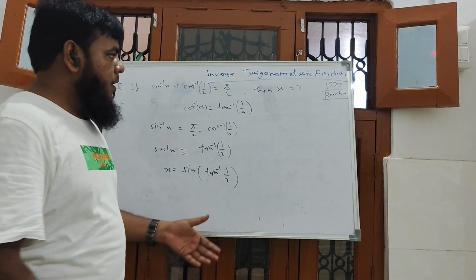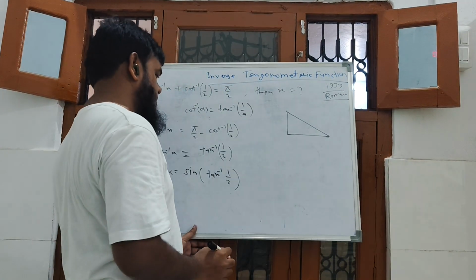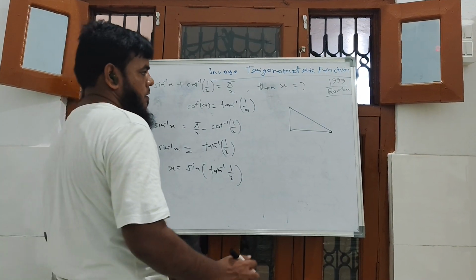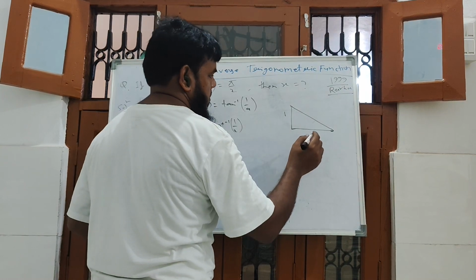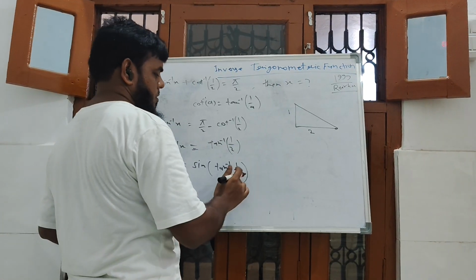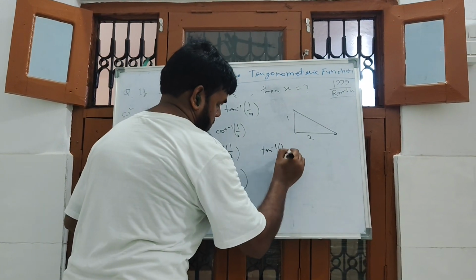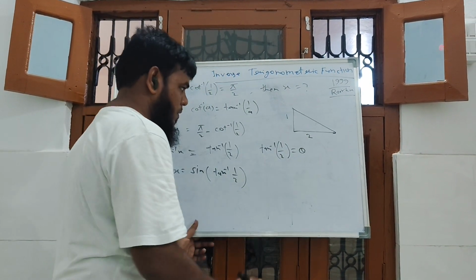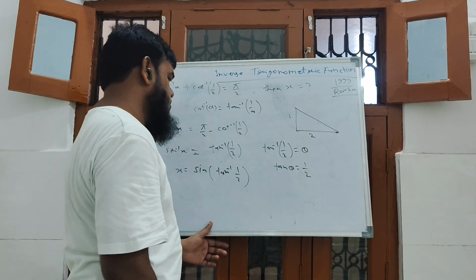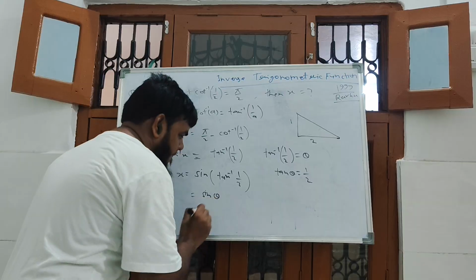If we take a right angle triangle, with perpendicular upon base, let tan inverse 1 by 2 equal theta. So tan theta equals 1 by 2, and we have to find sine theta.